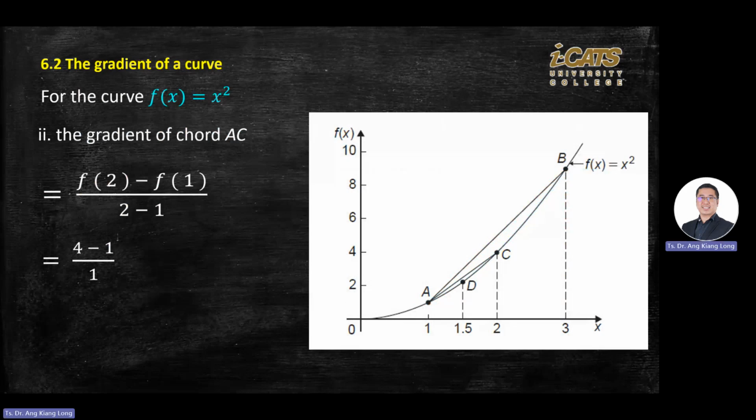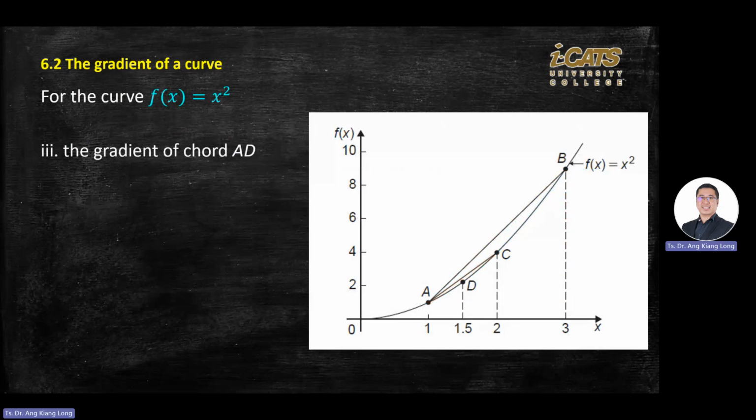What I want to highlight here is the way you write functional notation in your answer. So this is how you get the gradient of AC, which is 3.